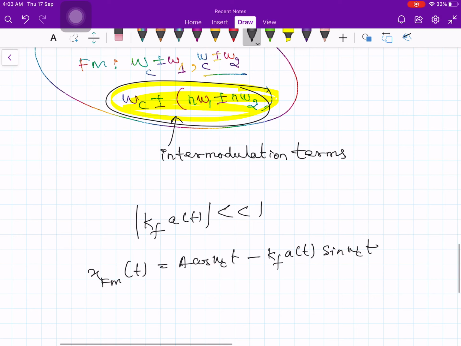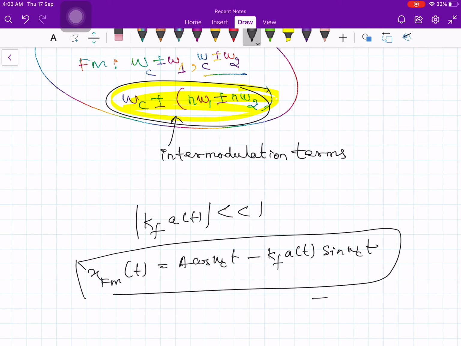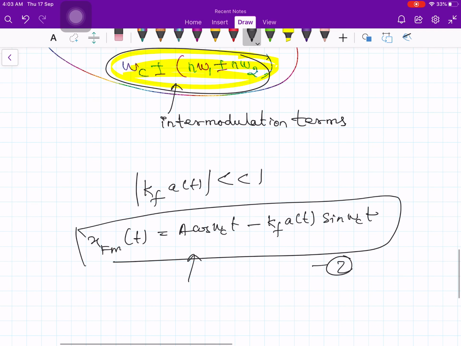Let me call this equation 2. This equation 2 will be somewhat similar to your amplitude modulation. The same expression can be valid for your phase modulated signal. Simply you replace this term with the corresponding component.